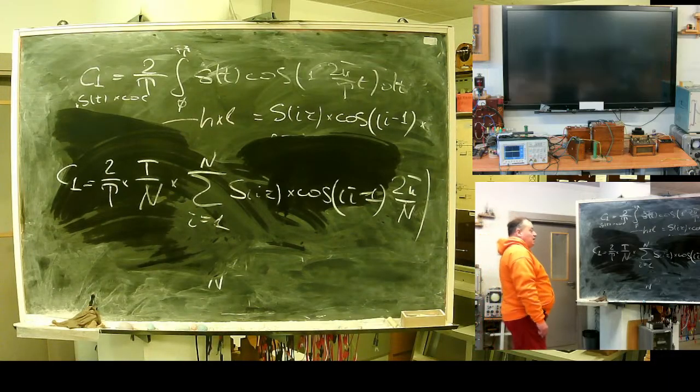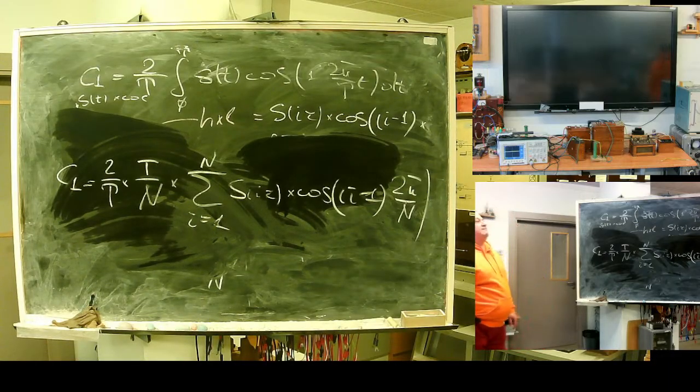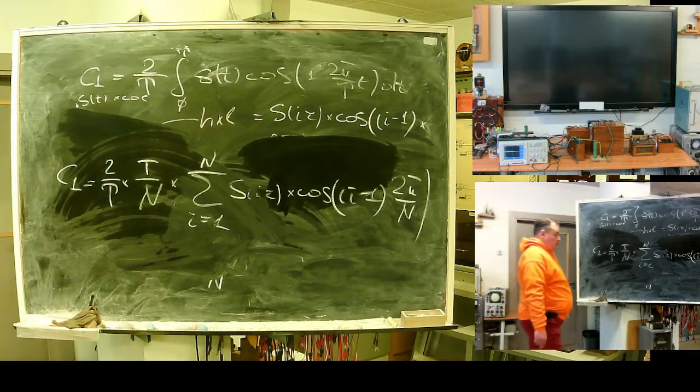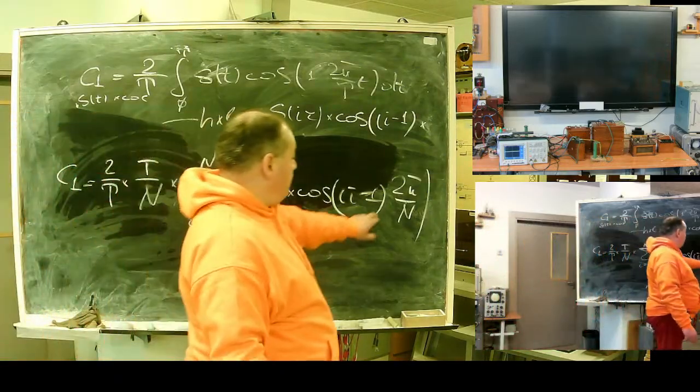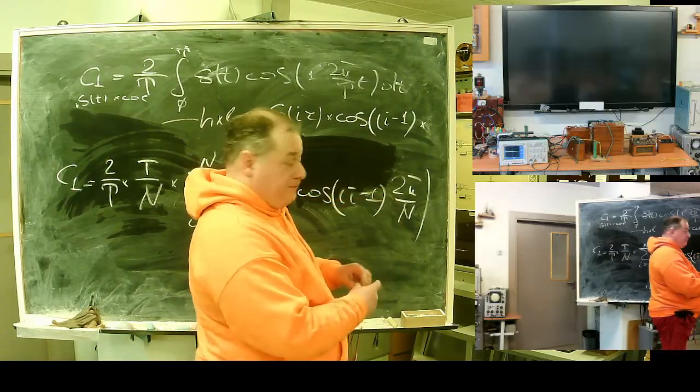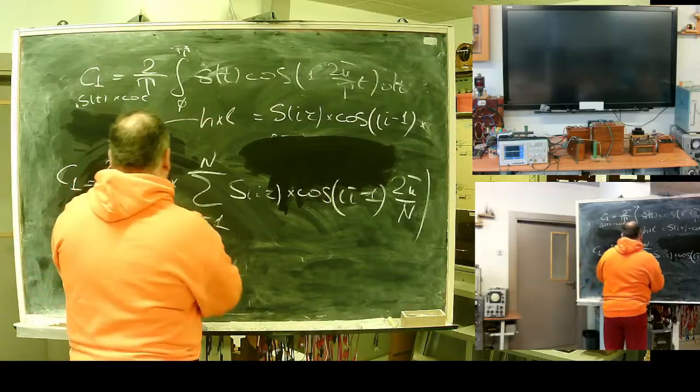What will be the speed of rotation for cosine for the second harmonic? Here will appear 2. For the third will be 3, and so on.